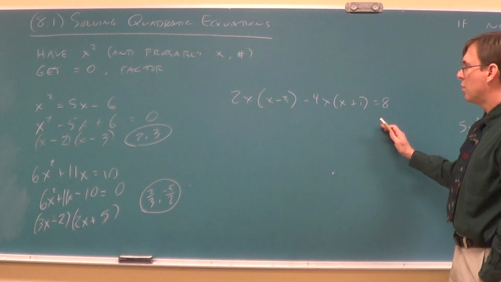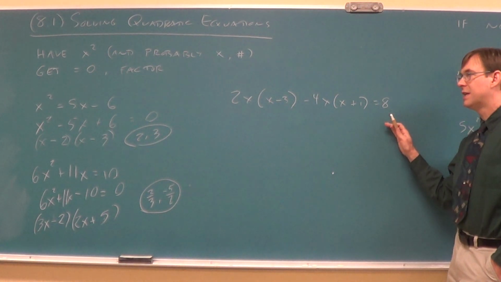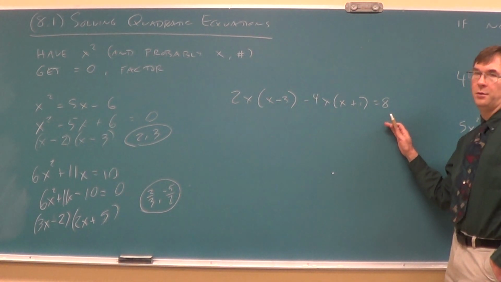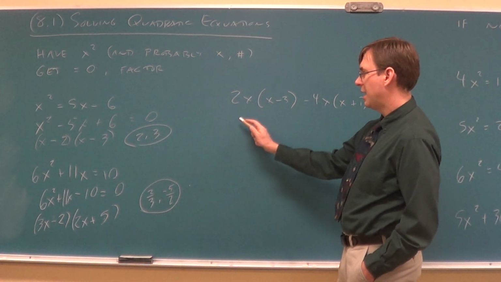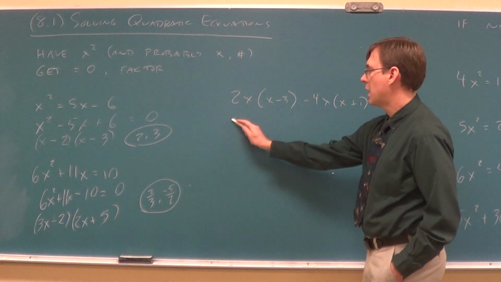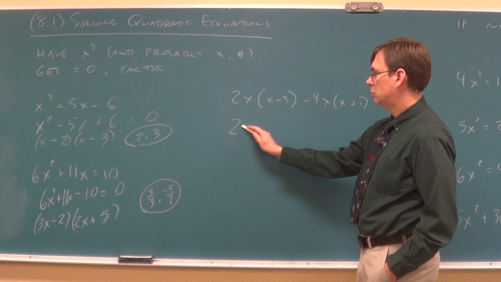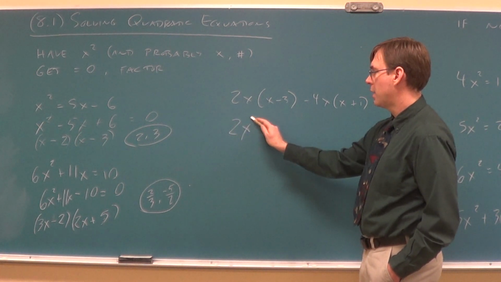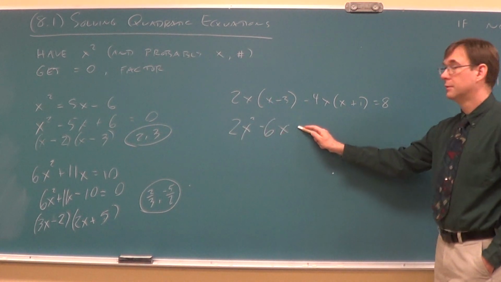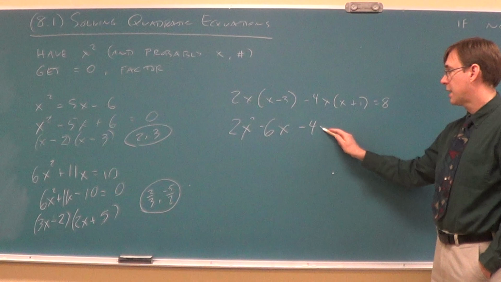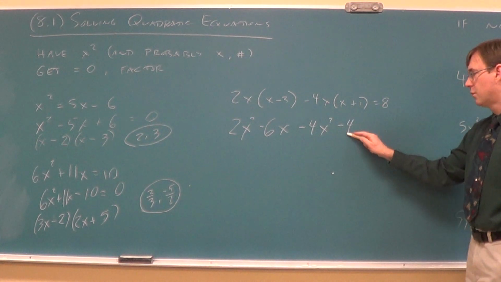This one is a little bit more of a monstrosity because to even get there, you're going to have to do some foiling, or distributing. So 2x squared, minus 6x, minus 4x squared, minus 4x.